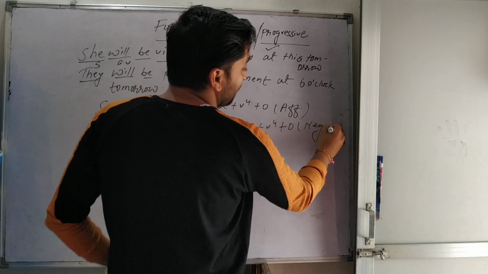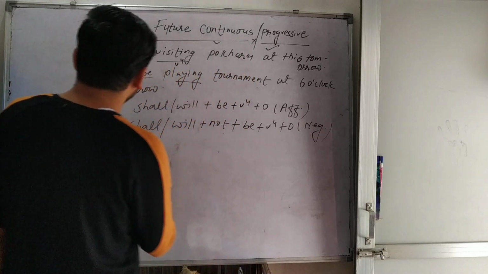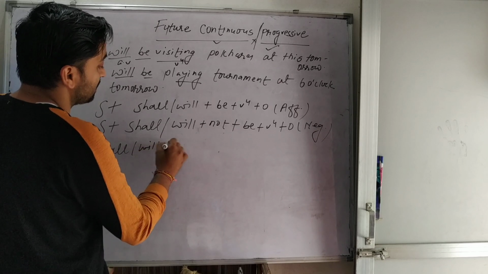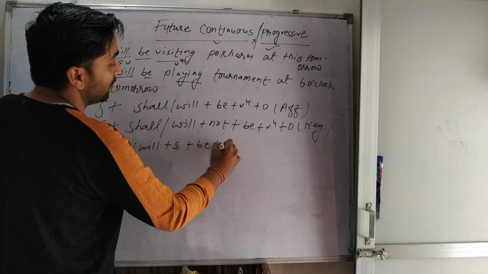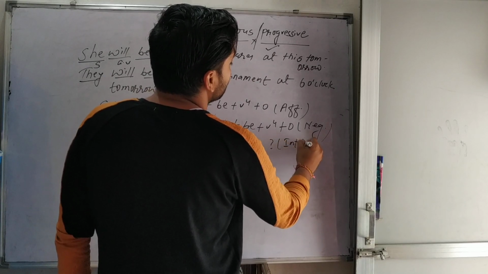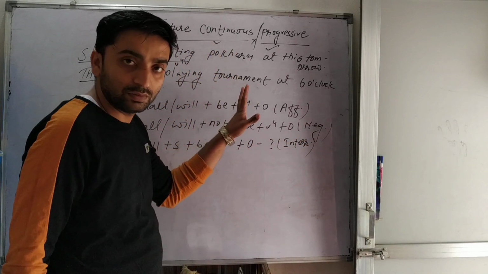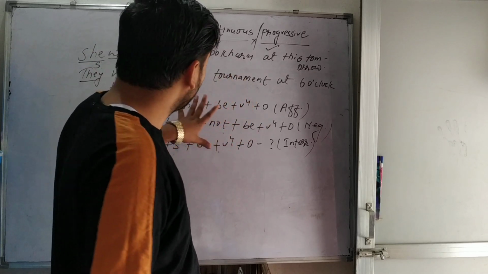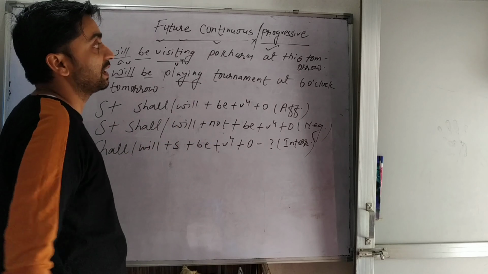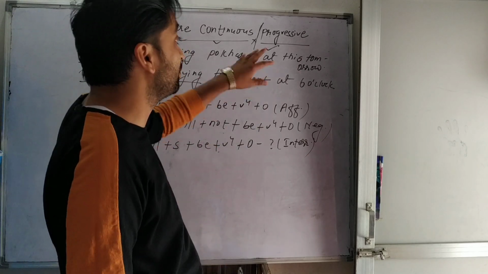It is the negative one. Similarly, shall/will plus subject plus be plus be4 plus object and question mark. It is the interrogative one. There is no problem in these structures. I hope you can understand the structure very easily. So future continuous or future progressive is what we are talking about.